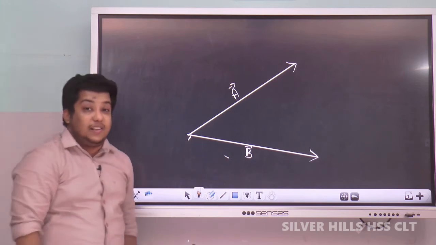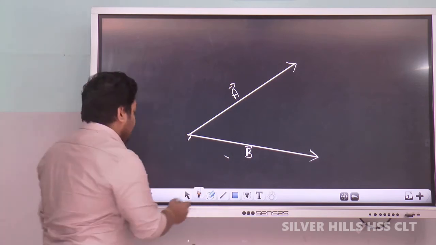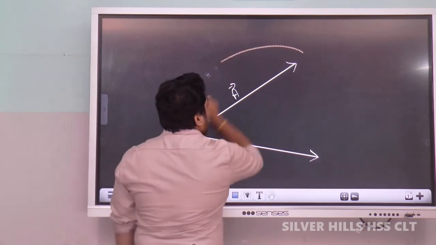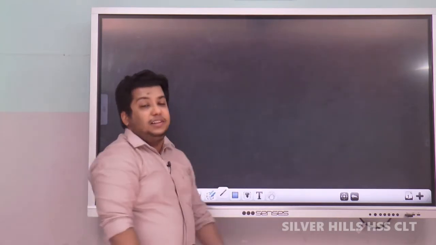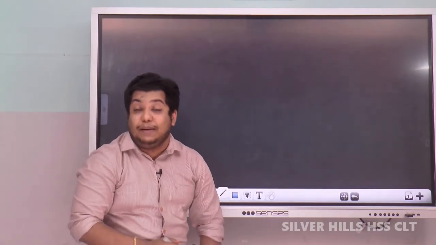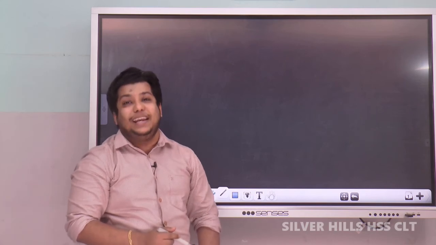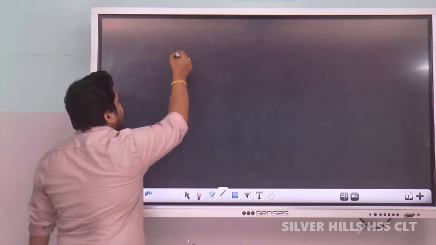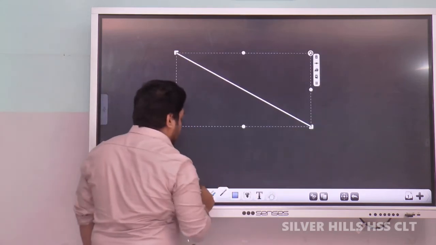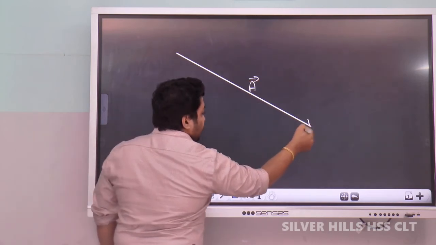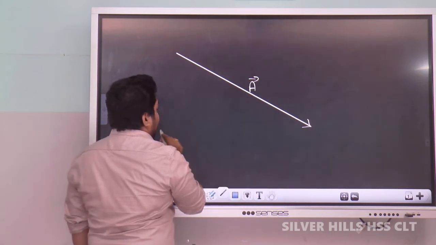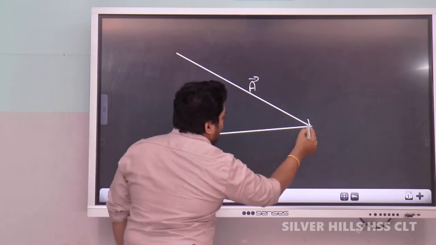Now we are going to discuss the fourth type of vector. The fourth type is called coterminous vectors. Coterminous. That means this is vector A, and we have to consider vector B also.